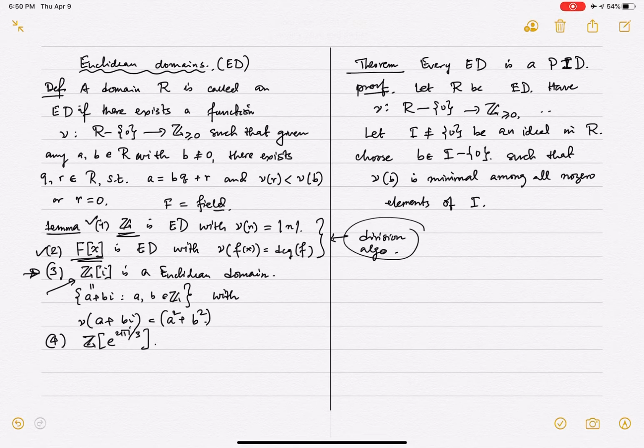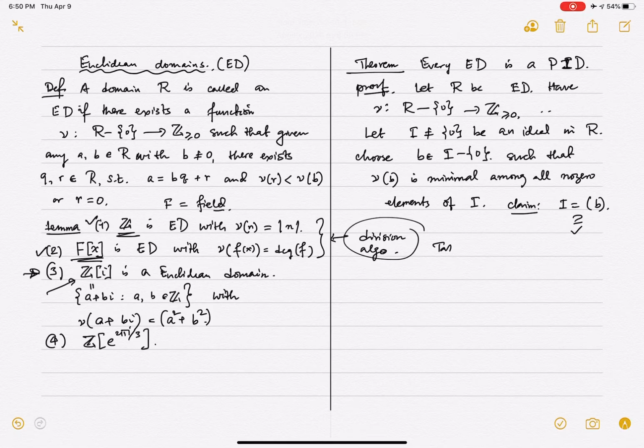And I claim that I is just the ideal generated by B. And how do you do that? Of course, B is in I, so the ideal generated by B is contained in I, that's clear.